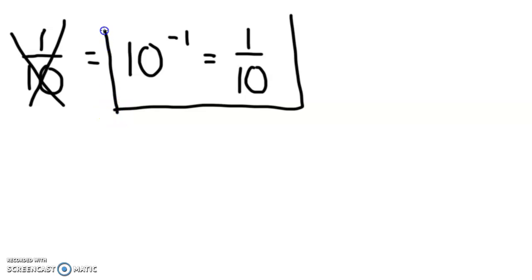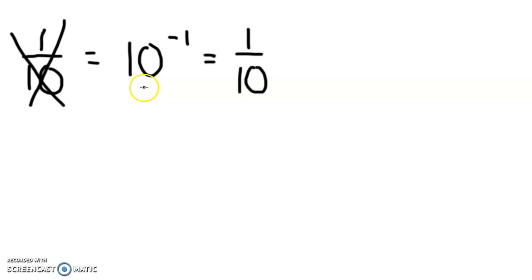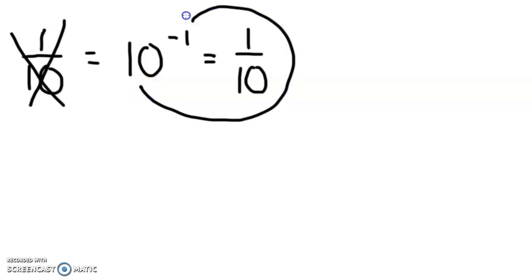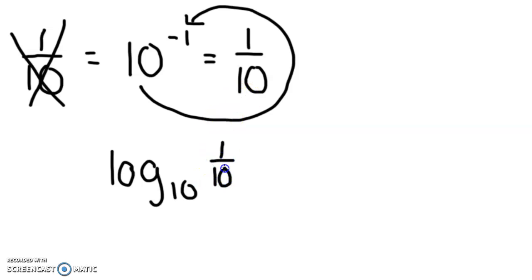Now, if we wanted to rewrite this with logs, that would become log base 10, because the base of your exponential function is 10, of 1/10 equals -1.